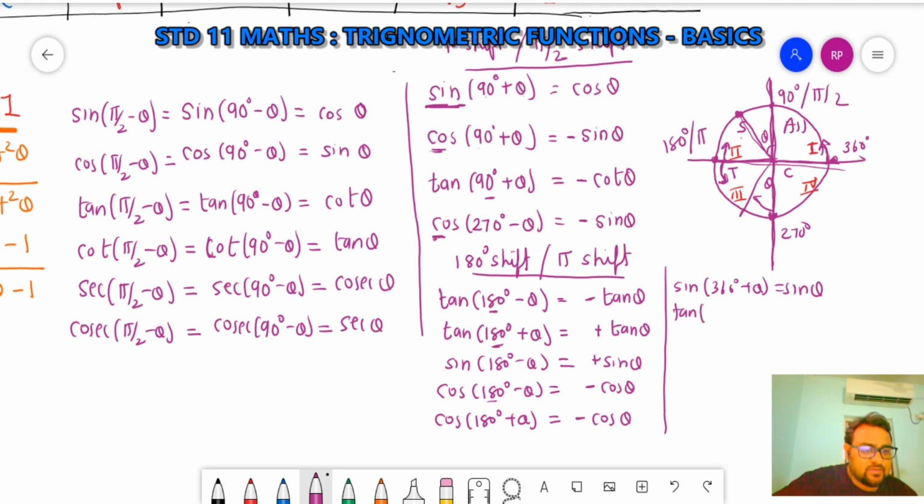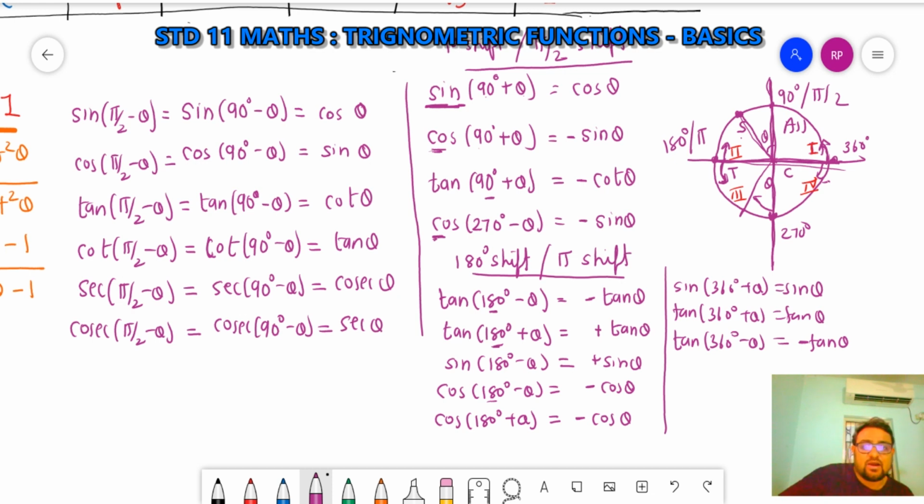Tan of 360 plus theta is tan theta. But if I take tan of 360 degree minus theta, as it is a 360 degree shift, it will remain tan. Now 360 is here, minus, so clockwise. So this is in the fourth quadrant. In the fourth quadrant, cos and sec are positive, so tan is negative. It will be minus tan theta.